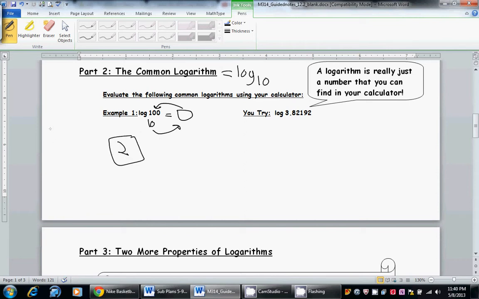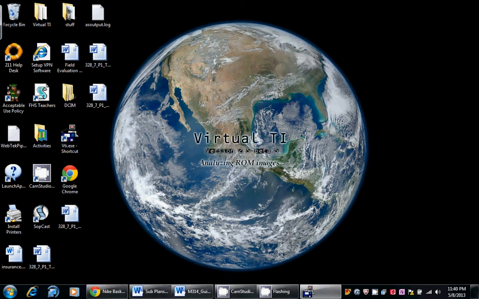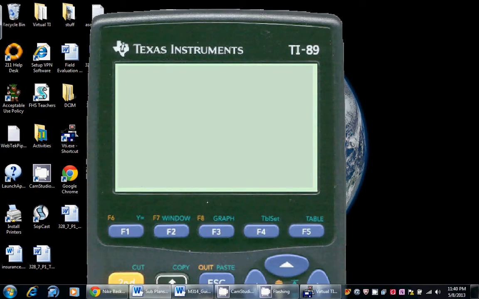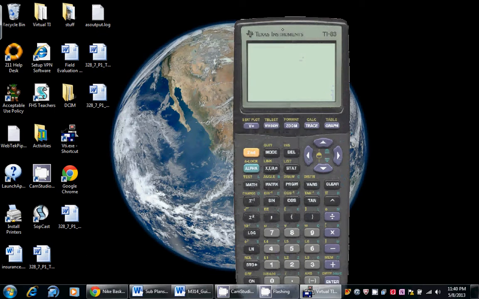The nice thing is that your calculators always do base 10. So if you have your calculator with you, just type log of 100 into your calculator. If you don't know where the log key is, let me pull it up here for you. Here's our TI-83.